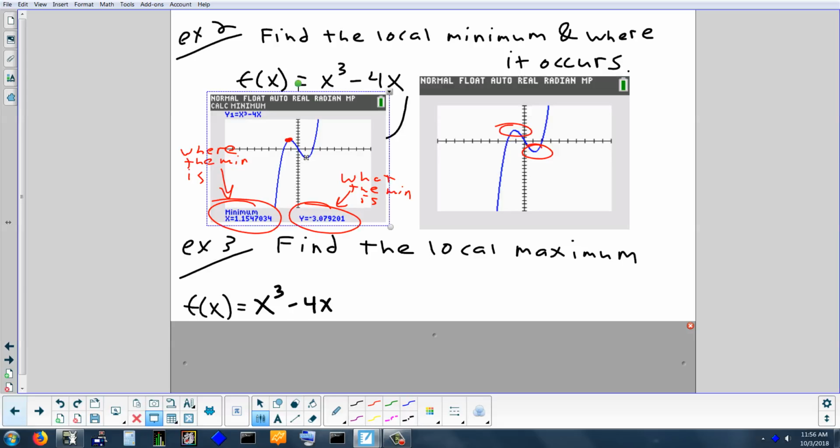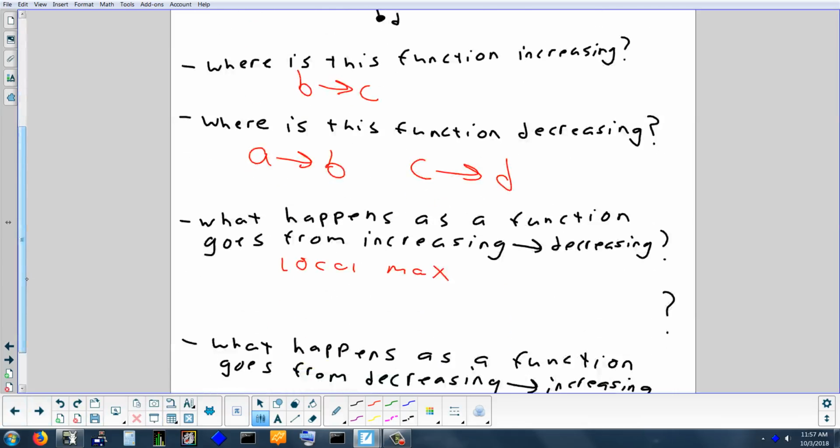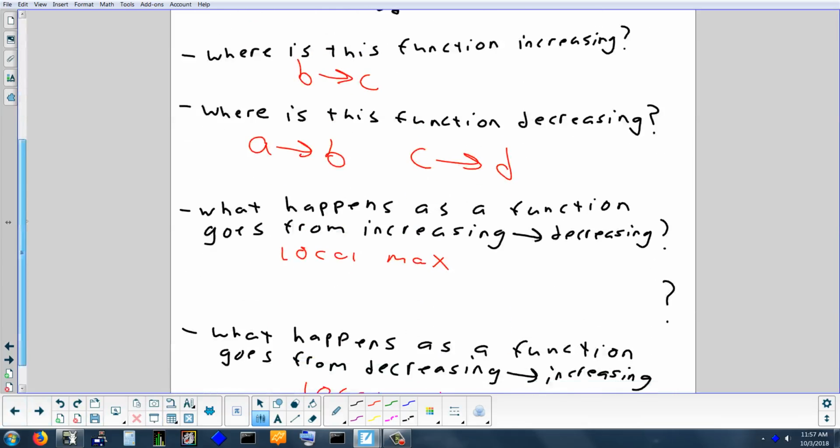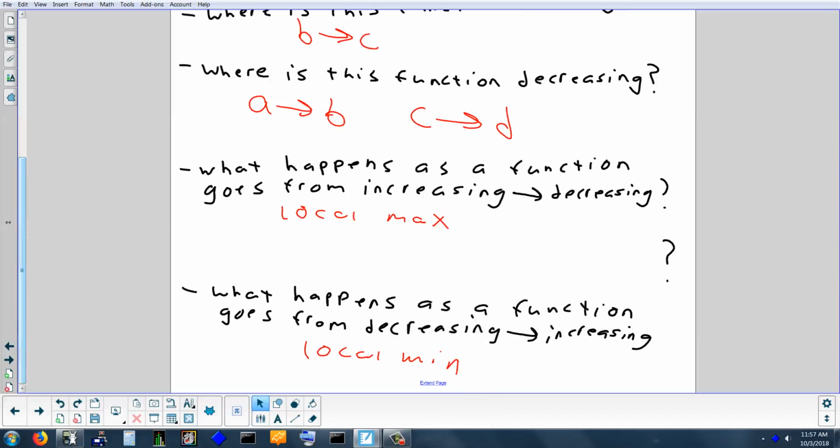Where is it decreasing? Just in that little section right there. That's where it's decreasing. So when they ask you to find where a function is increasing and decreasing, you have to find the local maxes and mins. That's what I'm trying to explain right there. Okay, any questions?